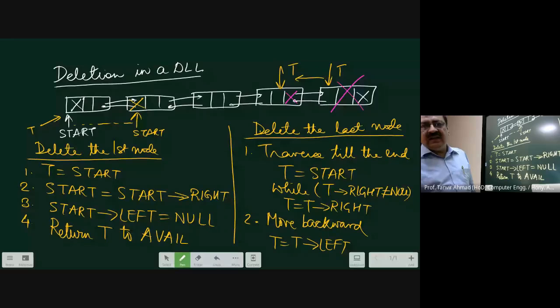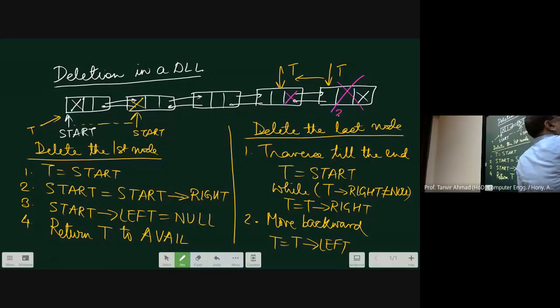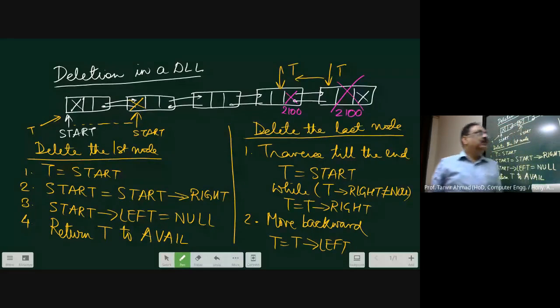While deleting, you have to return that to avail. Now, once you have copied a null value at T of right, you lose that address, because this address, suppose 2100, is saved over here. If I put a null at that point, I will lose that 2100.